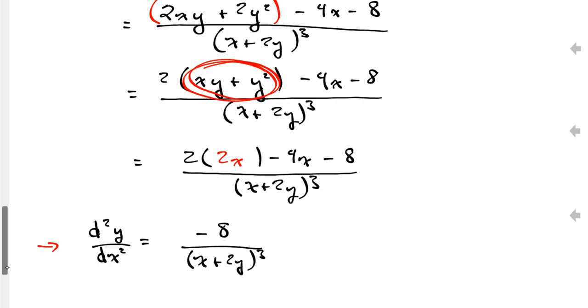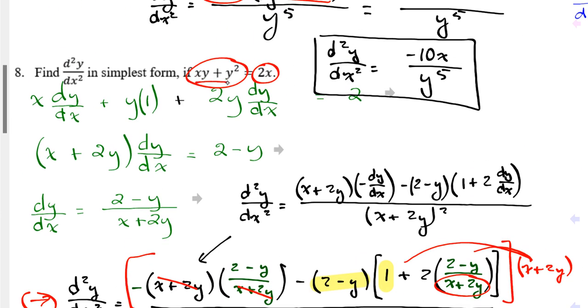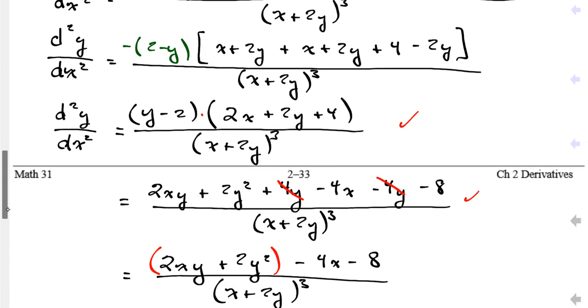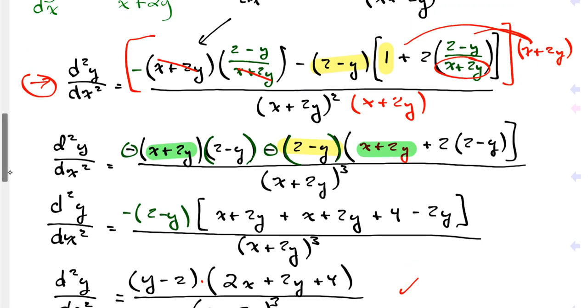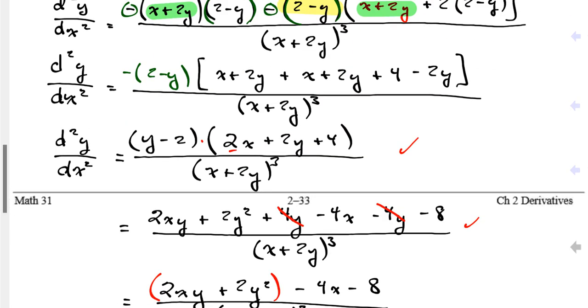Aska? I could have factored the 2 out from the whole numerator, but I'm really focused on finding this here. Yep. Where we had the 2x? Where did I have a 2x? At this point?